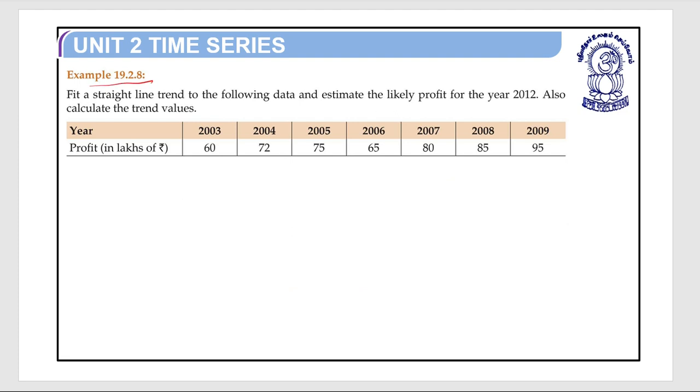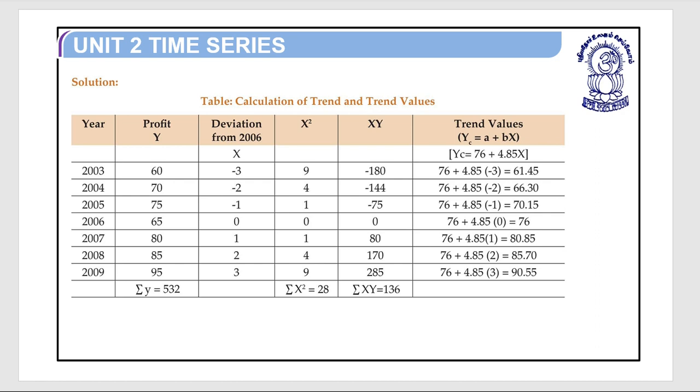Next example 19.2.8. Fit a straight line trend to the following data and estimate the likely profit for the year 2012. Also calculate the trend values for the years 2003 to 2009. Profit: 60, 72, 75, 65, 80, 85 and 95. Calculation of trend and trend values.